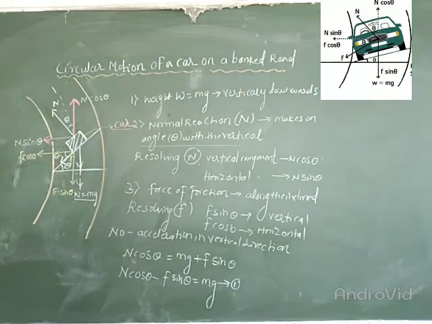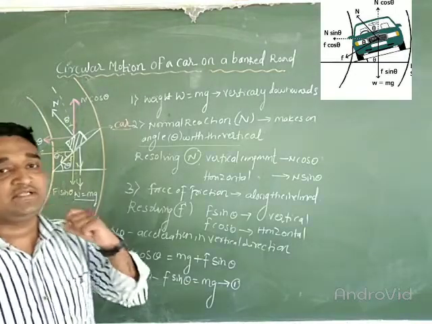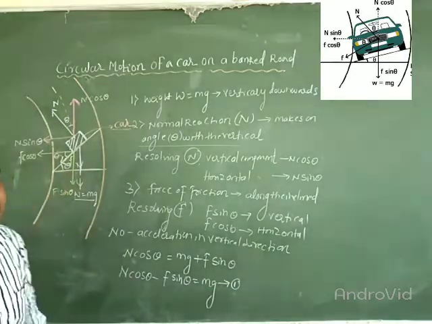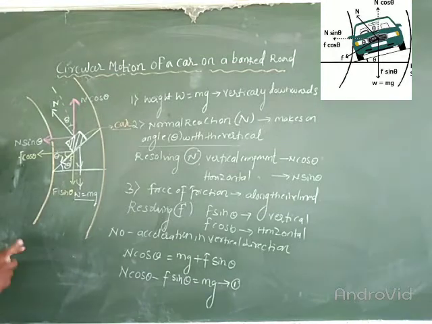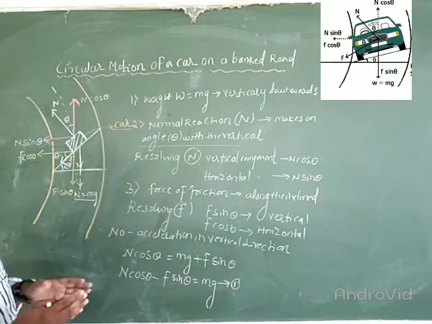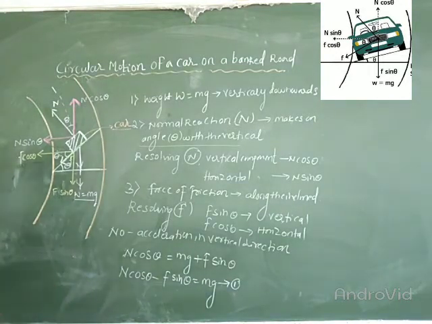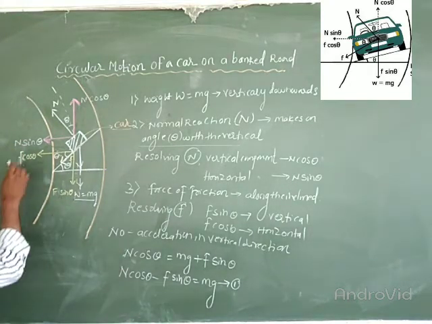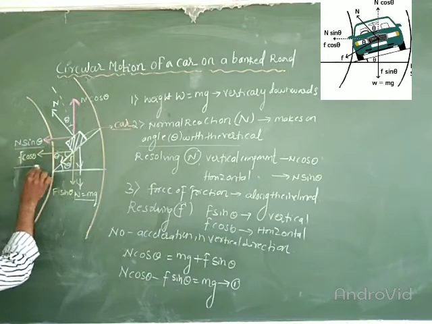Right? And also the centripetal force is provided by the horizontal component of N and F. As we have told you, the necessary centripetal force is required for circular path, for circular motion of the object. So in this case, the motion of a car or the vehicle along the curved path, the necessary centripetal force is provided by the horizontal component of this N sin theta and F cos theta.